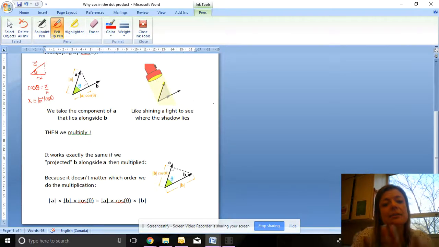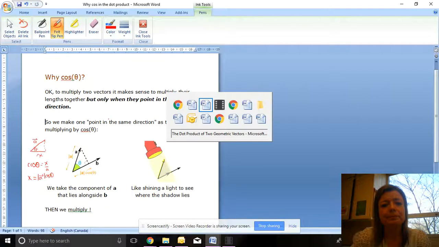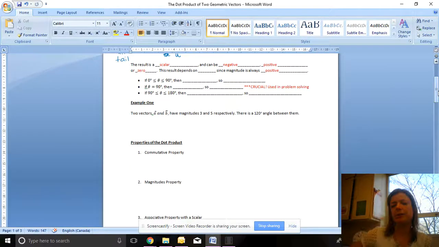Again, this document that I'm talking about right now is not going to be testable. It just gives you a sense of where this formula comes from. Really we're taking how long V is if we put it along U, and multiplying the length of V in this direction times the length of U in that direction. That's a way that we can multiply two vectors together.